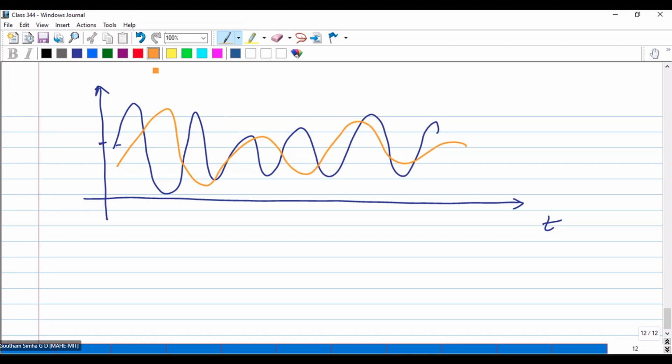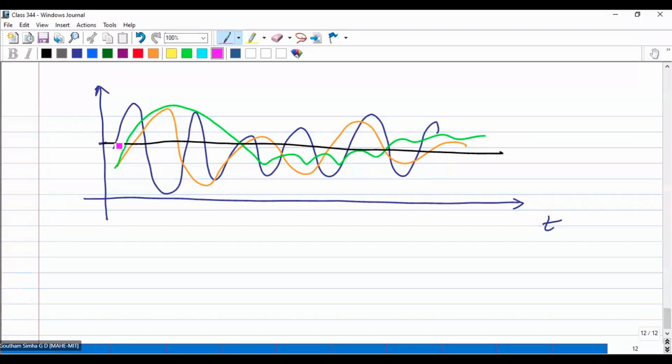I'll take something like this, and I'll take something like this, and I'll set a threshold here. Now, what I'll do is I will go with this. First, I don't have any other option. I will start with this, and I'll move to this point.